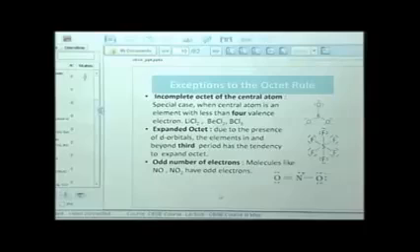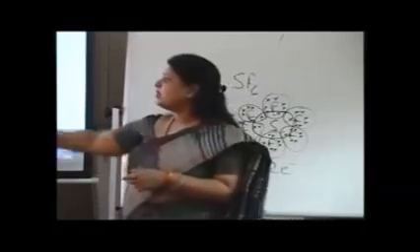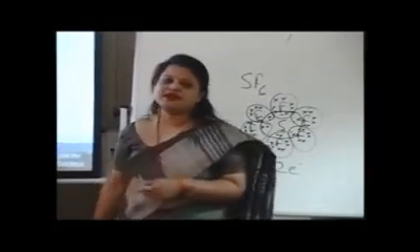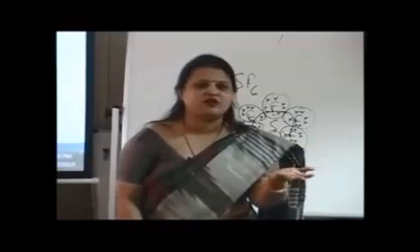The third category of molecules that again are exceptional are the odd electron molecules. Because if you recollect, we said that bonding takes place between the electrons, and as a result of bonding, there is a pairing of electrons. But we do have cases where the atom is having an odd electron, and the very common case is NO2. And this is the reason, which you will study later on, I think in your 12th standard, that NO2 dimerizes.